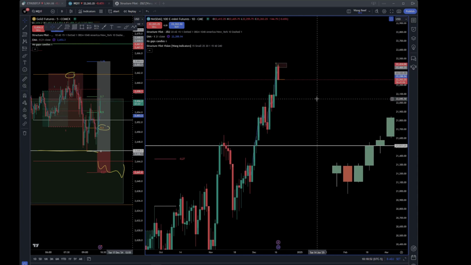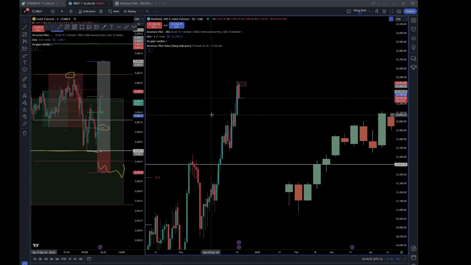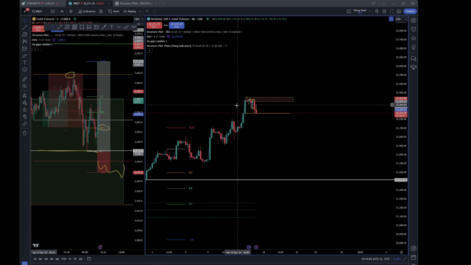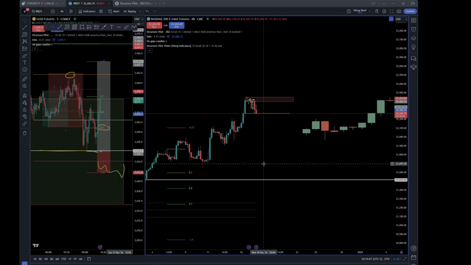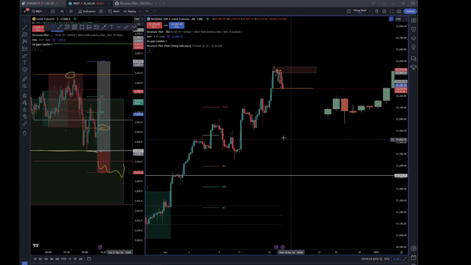It's not my kind of trading, to be fair. And then I go from the daily to the 4 hour, see what price is doing, where we're at, right? Then to the 1 hour, then to the 15 minutes. And what do I do in the 4 hour?